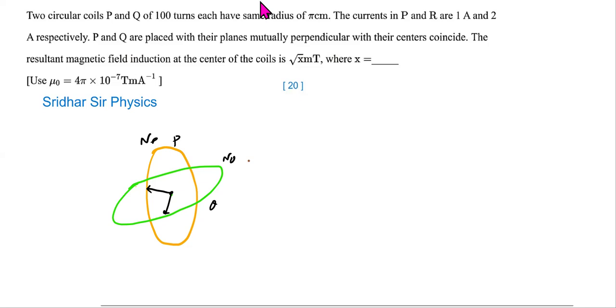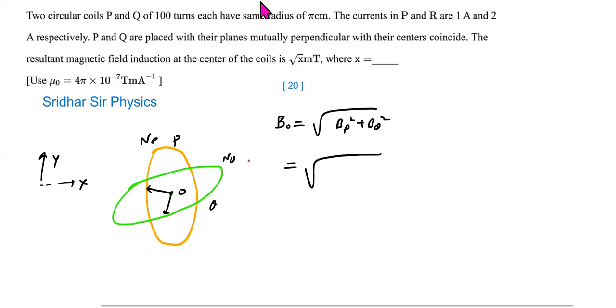The magnetic fields produced by coil P and coil Q will be mutually perpendicular. The net magnetic field at the center should be equal to the square root of BP square plus BQ square.